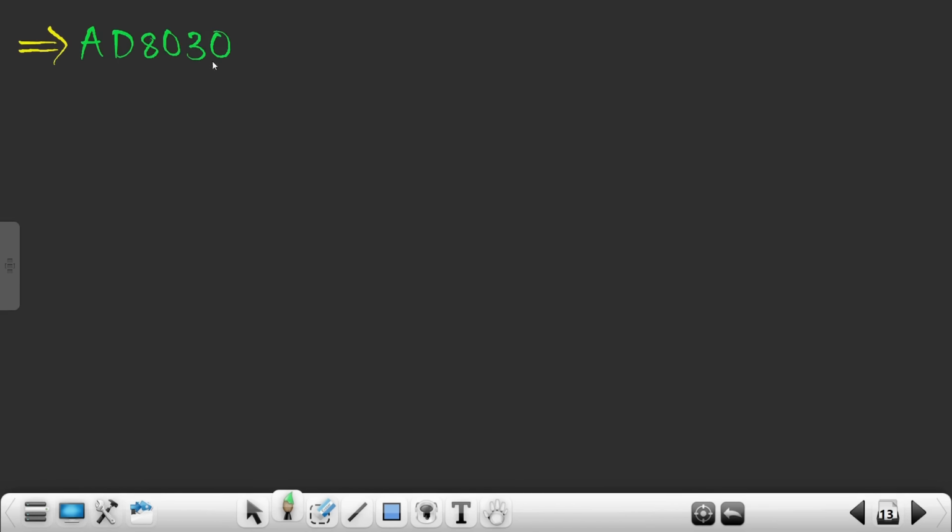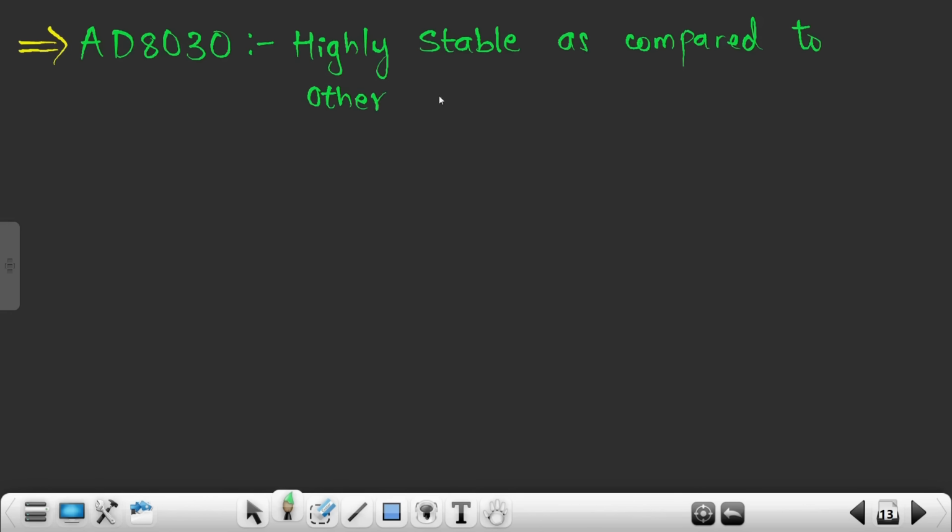So when I say that this particular Opamp, AD8030, is highly stable as compared to the other two Opamps, what does that mean?